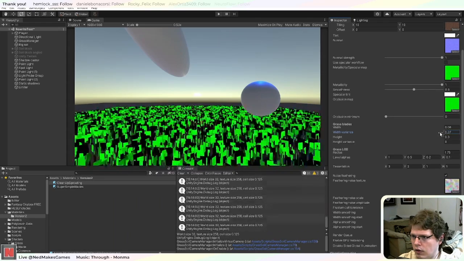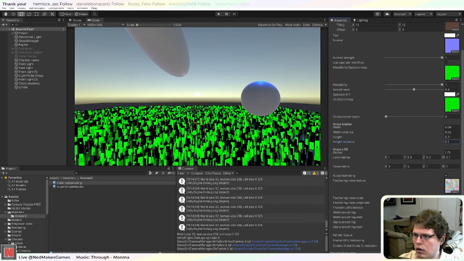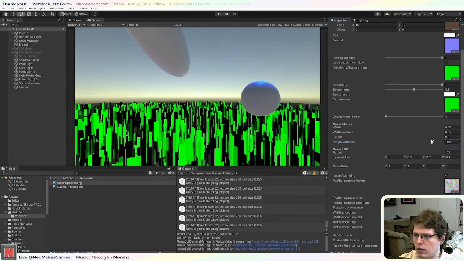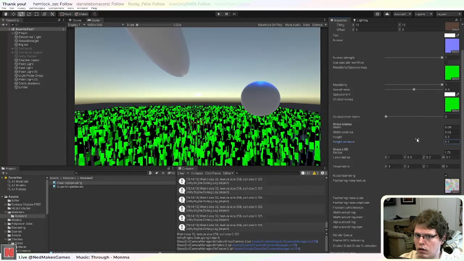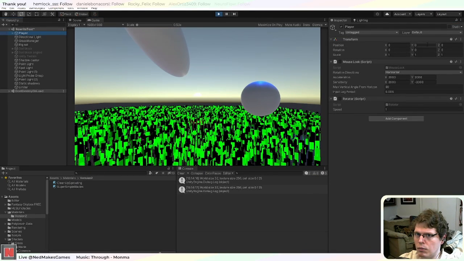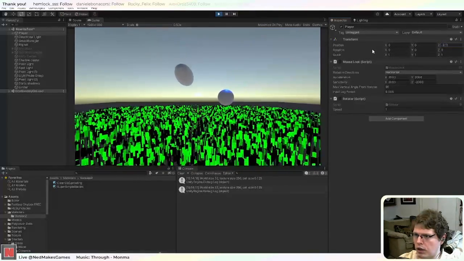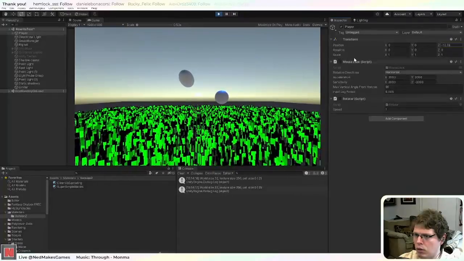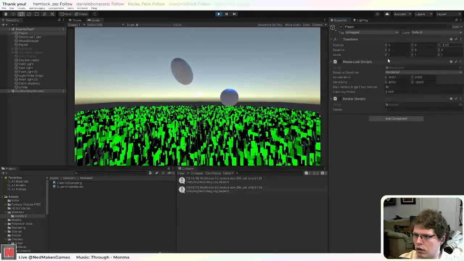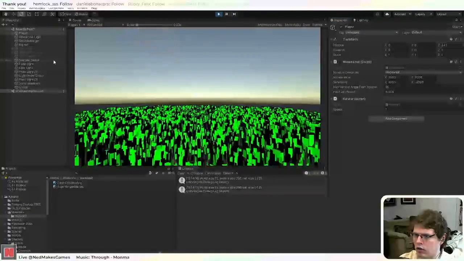Okay, so now we can see there's a little bit of randomness to their width. And the height. So now as we move in the world, okay, you can still see popping at the back, but you don't really see it in the middle where the LOD level changes.